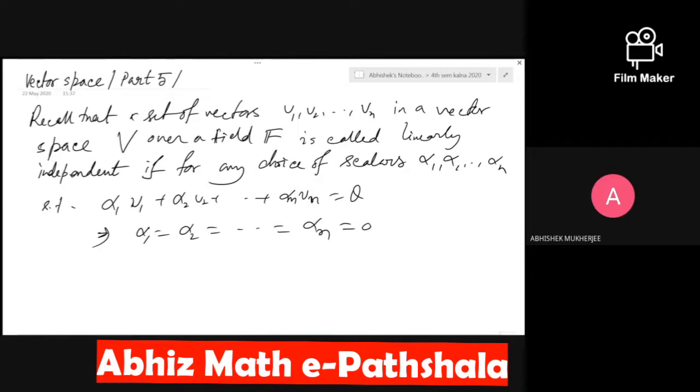So this is the definition of linearly independent set of vectors over a field F.